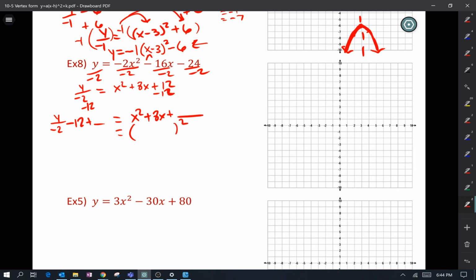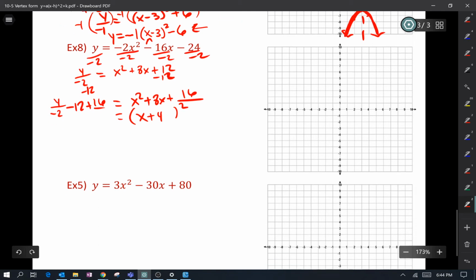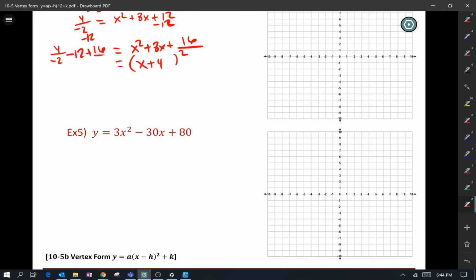So half of 8 is 4. Square it, 16. So I'm going to add 16 to both sides. So what do I get? I get y over negative 2 plus 4, because negative 12 plus 16 is 4, equals x plus 4 squared, right?